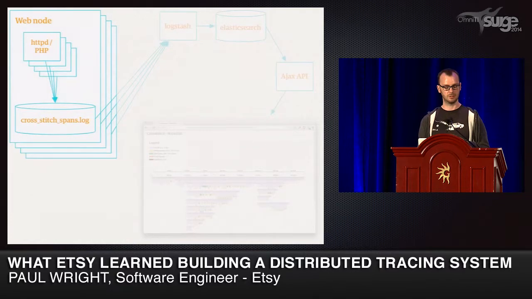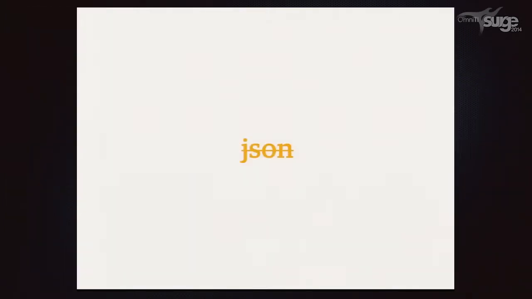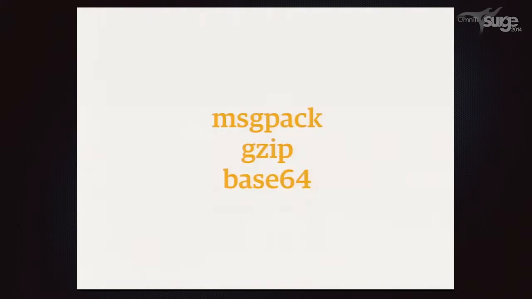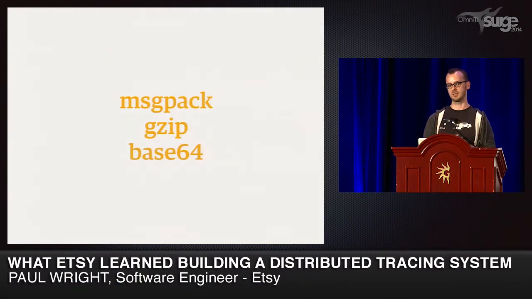To start with, we used JSON to log out all those observations in a serialized form. But we found that to be too slow, so now we do an admittedly hacky approach: we message pack it, we gzip it, and then we base64 encode it, because that gives us something ASCII safe. It's a log line. We know it's going to be newline delimited, and we can use our existing infrastructure to handle that, because this is just a log file at this point, and we know how to handle log files.